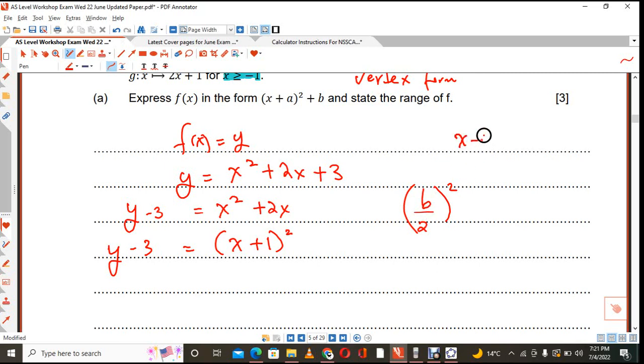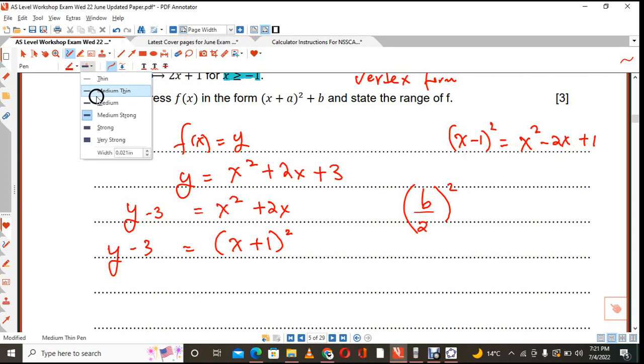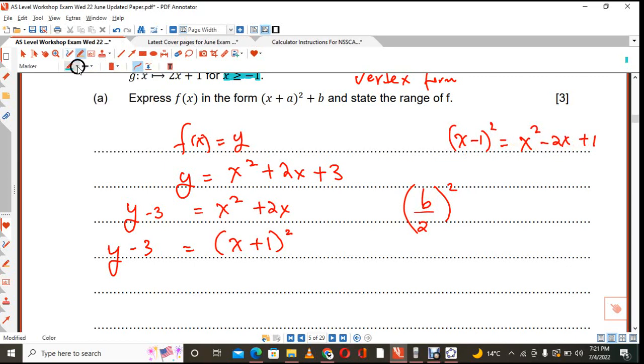If you multiply x plus 1 squared, you're going to get x squared plus 2x plus 1. In hindsight, if you look at what I have here, there is no plus 1, but there's a plus 1 in this thing if you were to multiply it out. So I will cleverly remove that 1 there as well.